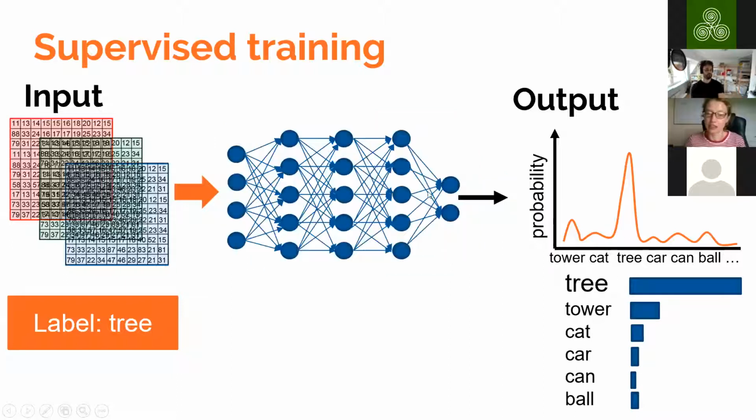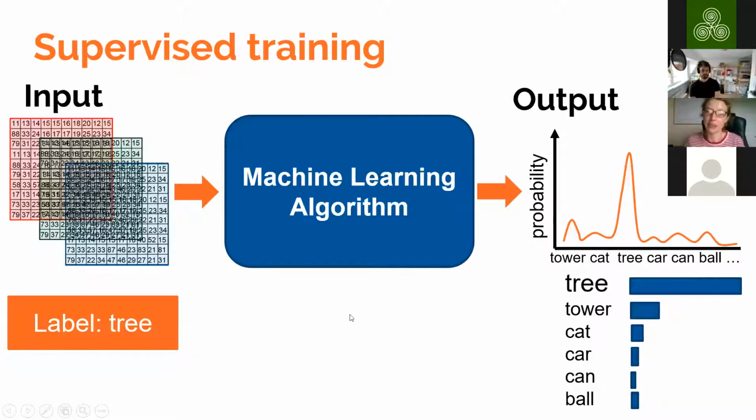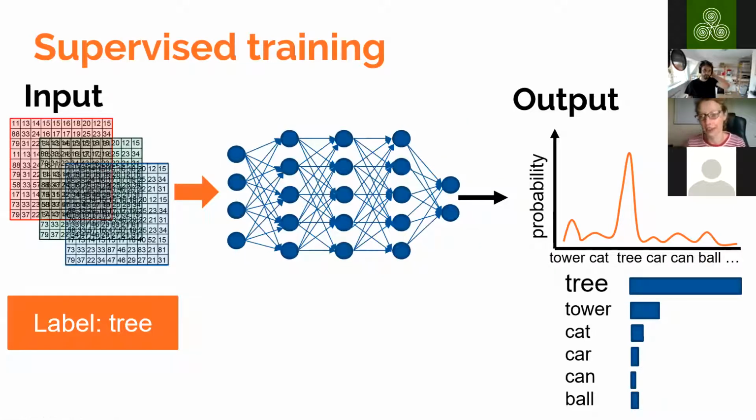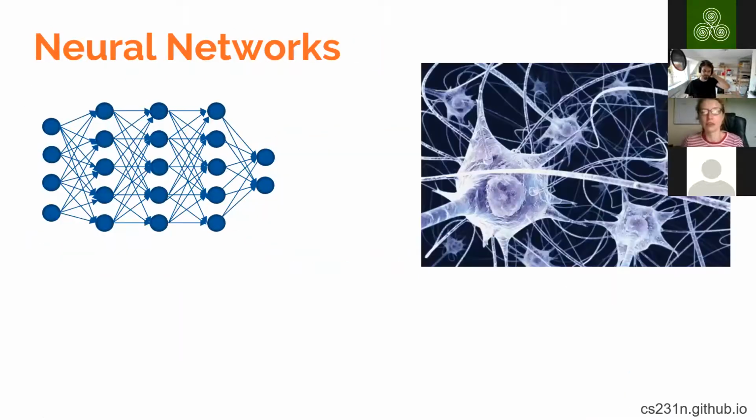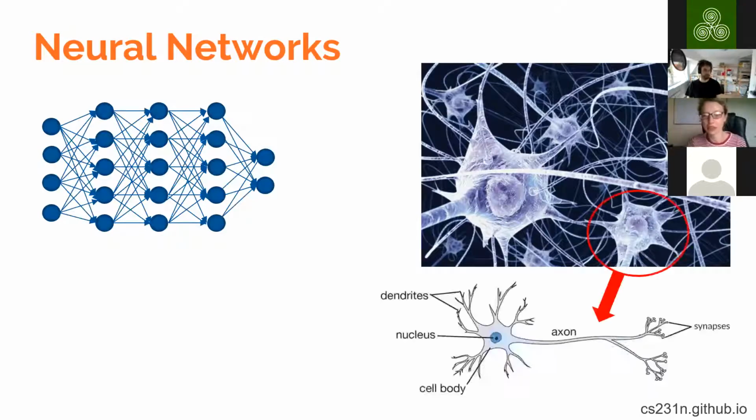The particular family of machine learning algorithms that work well with these kinds of tasks are neural nets. The neural networks were inspired by our biological neural nets in the brain. In the brain, we have a lot of neurons that get connected with other neurons and then transfer information further to the next neurons.